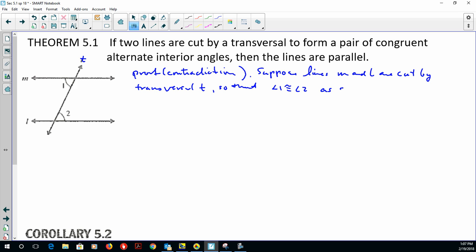That means they're alternate interior angles. And we assume that this is not true, that lines L and M are not parallel.